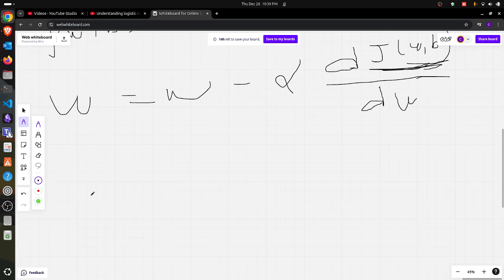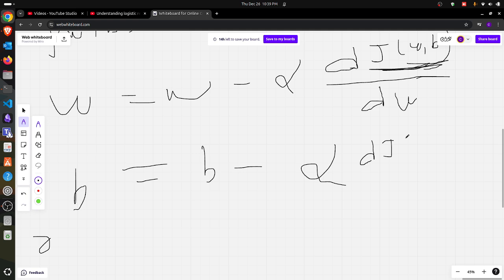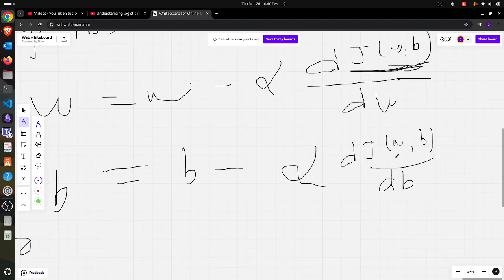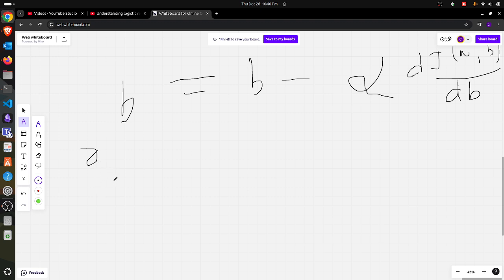We are going to write one more equation where we have b minus learning rate times the rate of change of the cost function, where weight and bias are both in the cost function, and we are differentiating it with respect to b. When we have two things in the function, we represent that with this symbol. That's what we call a partial derivative.